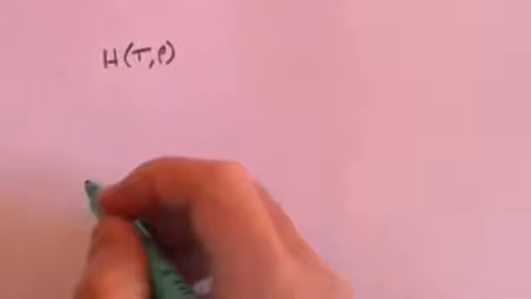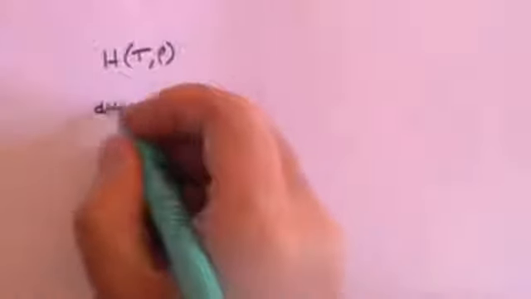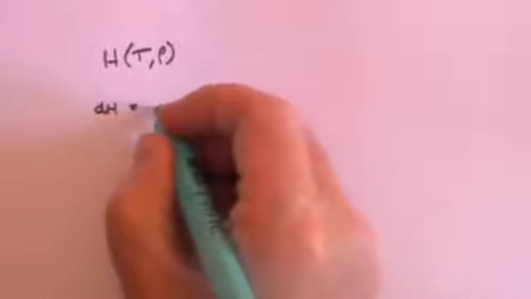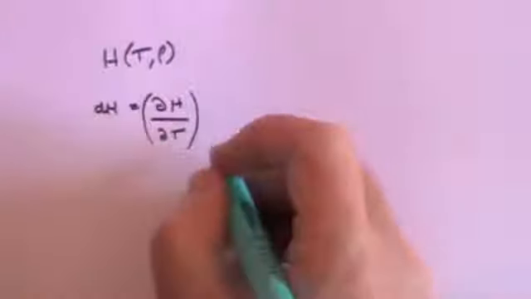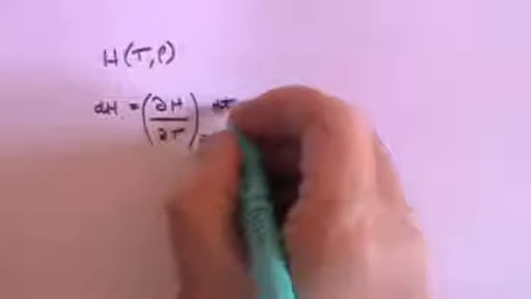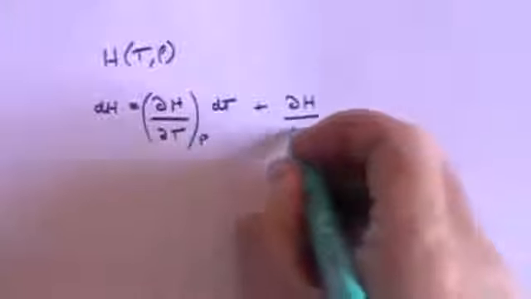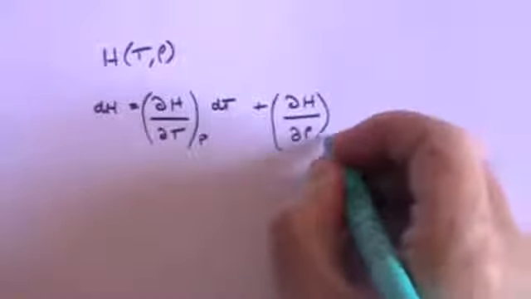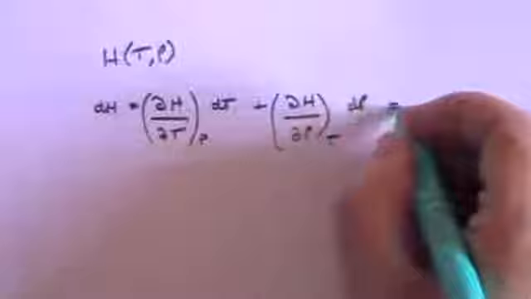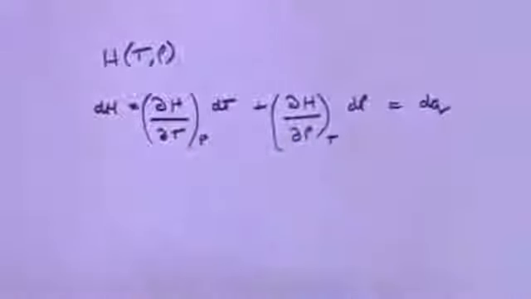Now, if H is a function of temperature and pressure, then once again we can use the partial derivative terms by saying that dH is the partial differential of H with respect to temperature at constant pressure, plus the partial differential of enthalpy with respect to pressure at constant temperature. And that equals dQ, because we just showed that dH equals dQ.